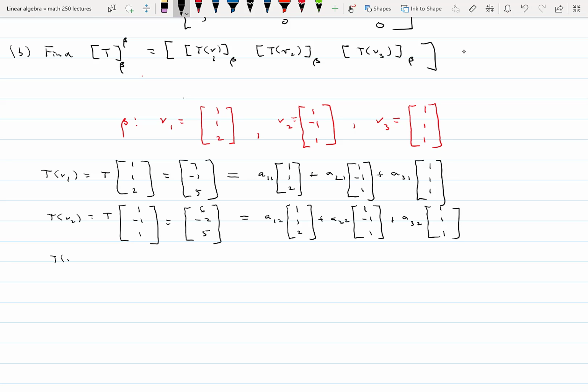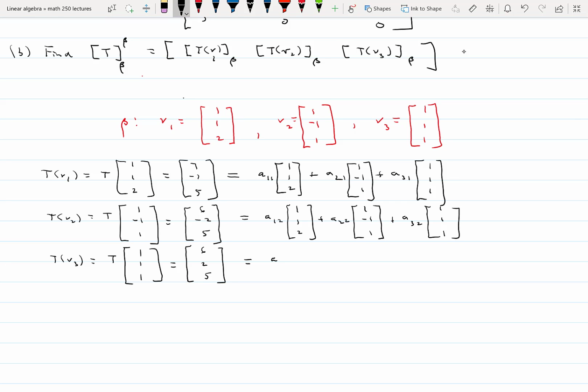We're going to do the same thing for V3. T of V3 is T of 1, 1, 1. Substituting 1, 1, 1 into our linear transformation, we get 6, 2, and 5. And we write that result in terms of the basis vectors from beta.